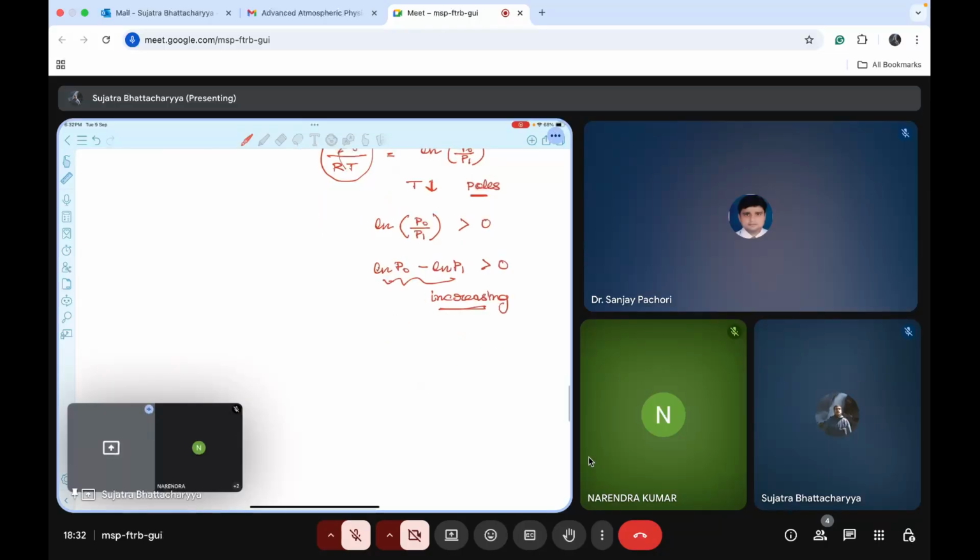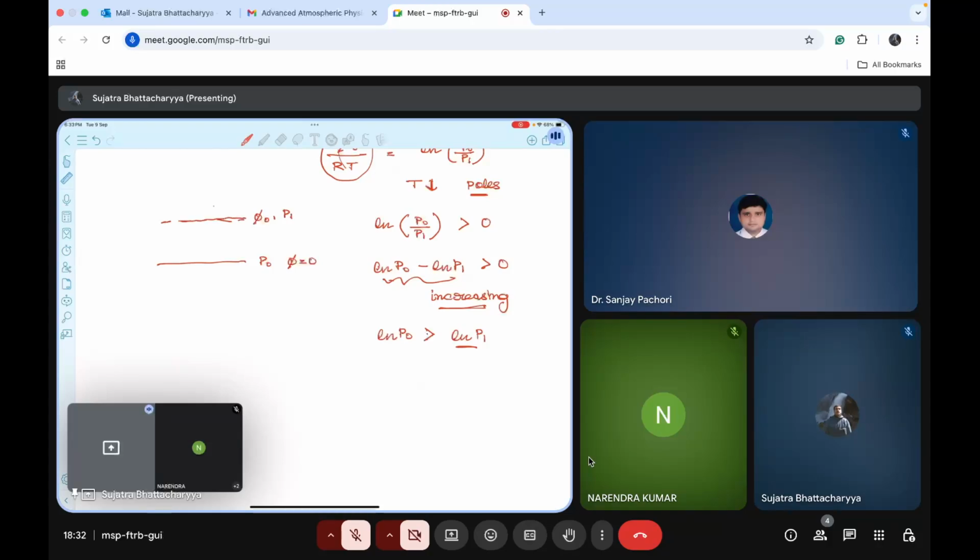But if you go to this, log of P naught is greater than log of P1. So at some height, P naught is where phi is 0, and this is phi naught, and this is P1.